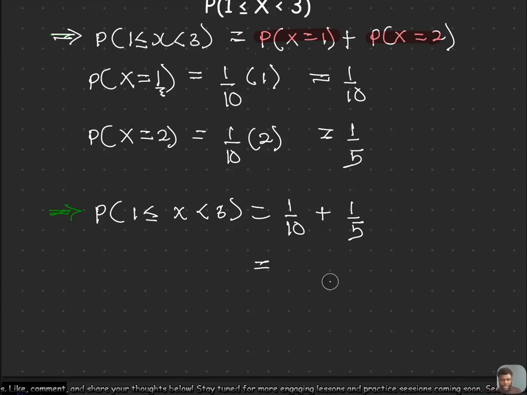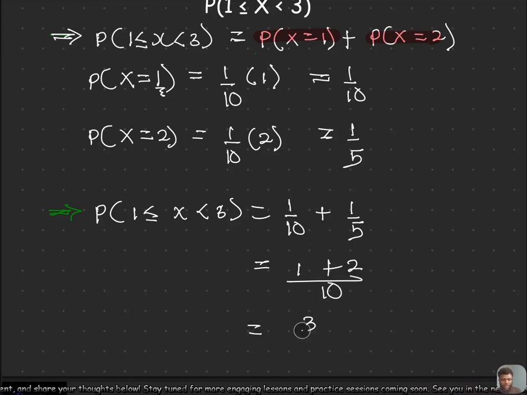Alright, so this is now algebra work. 1 plus 2, giving us a what? A 3/10. Alright, so the probability that our random variable takes the values greater than or equal to 1 but then less than 3, is what? 3/10.